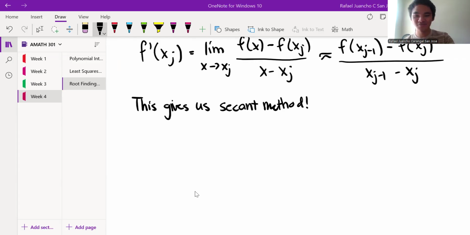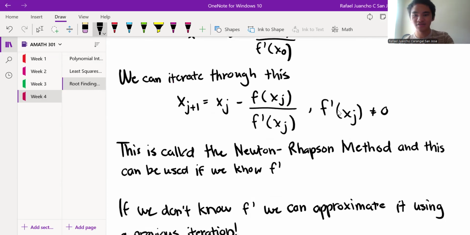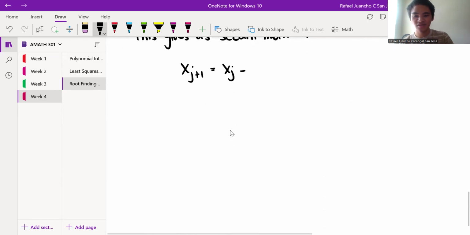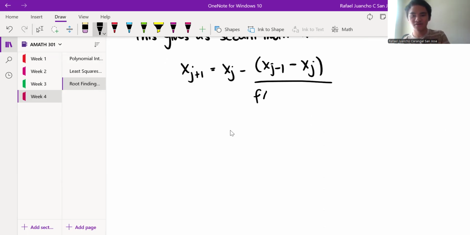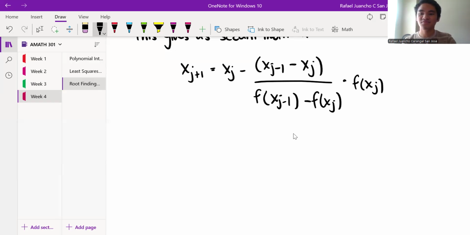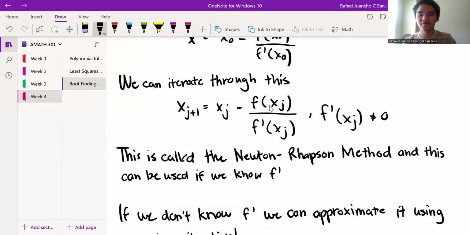Yeah. And from there, here's the new iteration using the secant method. So we have our xj. And instead of us finding this derivative, we just say xj minus 1 minus xj over f of xj minus 1 minus f of xj. So this is the secant method, and we multiply it by this guy, f of xj, right?